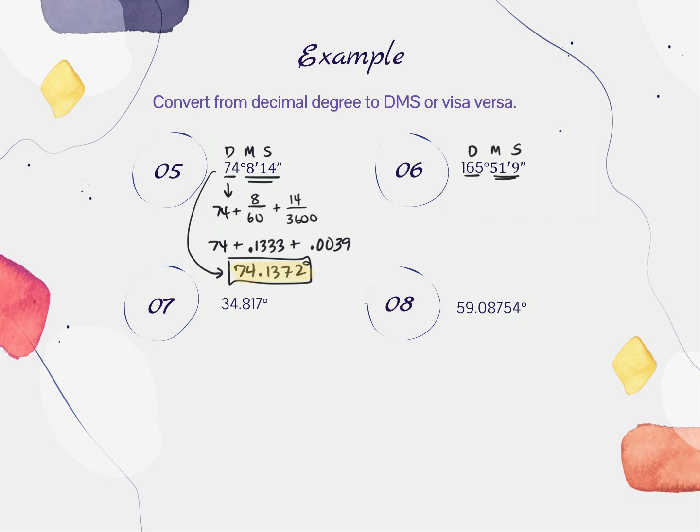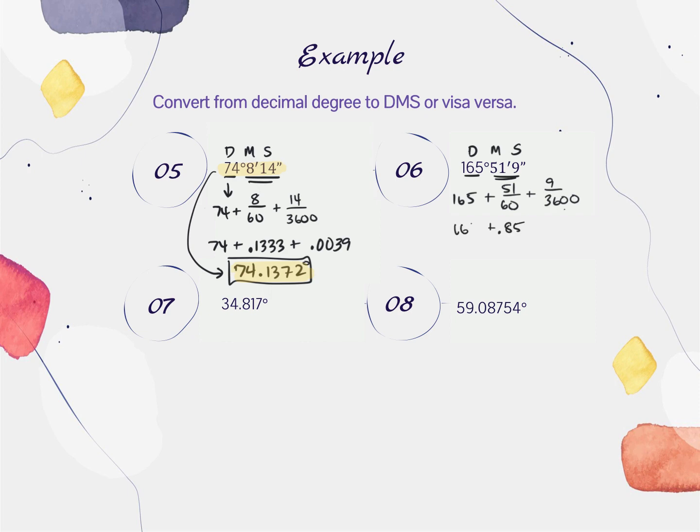So one is in degree form and one is in DMS form. And we're going to do the same thing for the second one. So again, the second one, you take your degree, 165. It's going to stay like that. Your minutes, 51 divided by 60, plus your seconds divided by 3,600. And again, the reason is because there's 60 minutes in a degree and there's 3,600 seconds in a degree, just like time. So again, you're just going to go to your calculator, 51 divided by 60, you get 0.85.